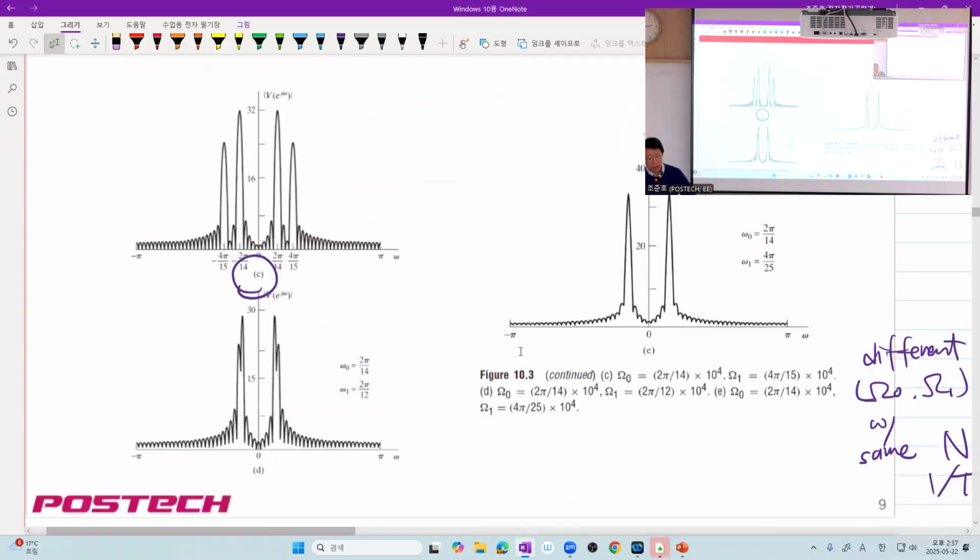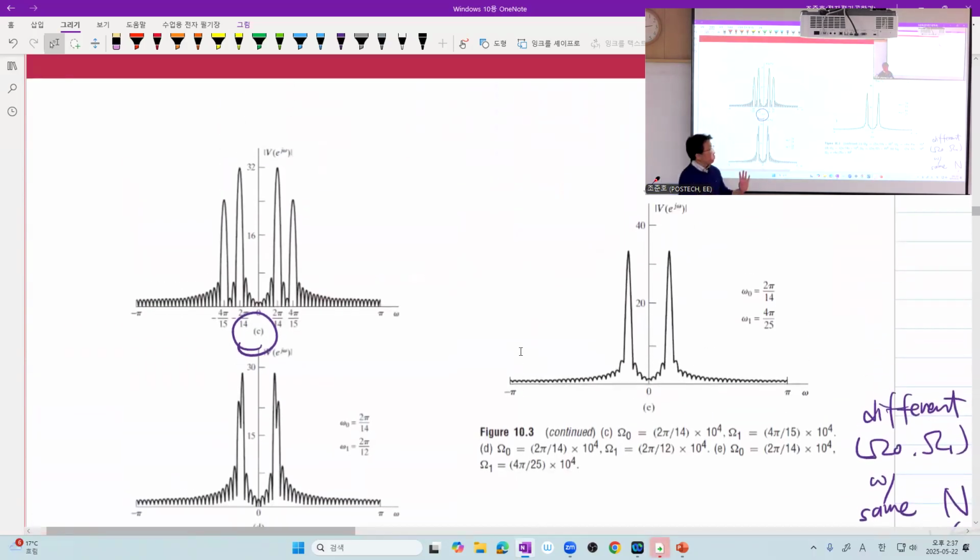So let's see the dilemma. Now suppose we have chosen different frequencies closer to each other. And you may say that it's okay still.